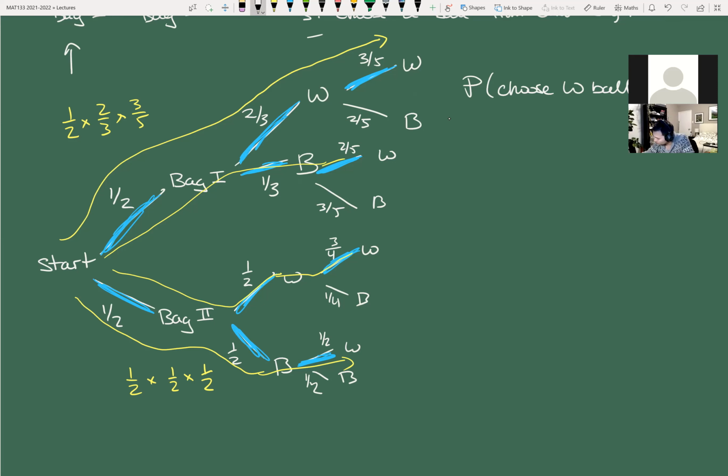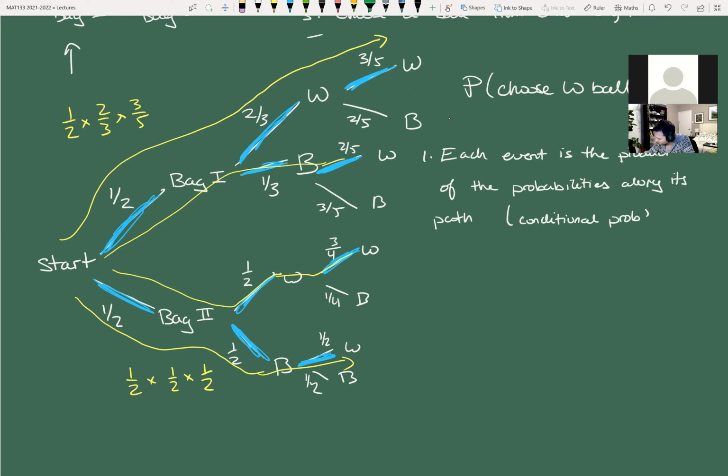Okay, so we multiply, so each event is the product of the probabilities along its path, right? The reason for that is conditional probability, namely that the probability of A is equal to the probability of A given B times the probability of B.